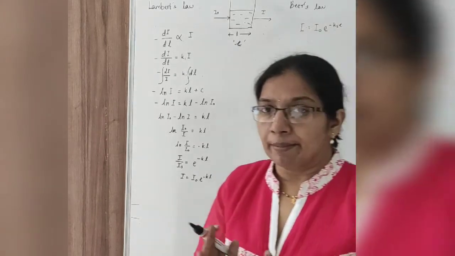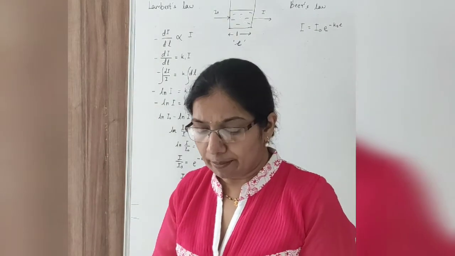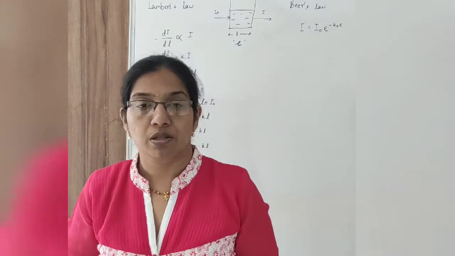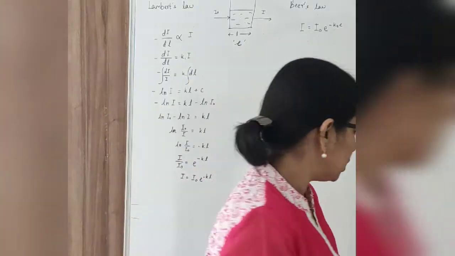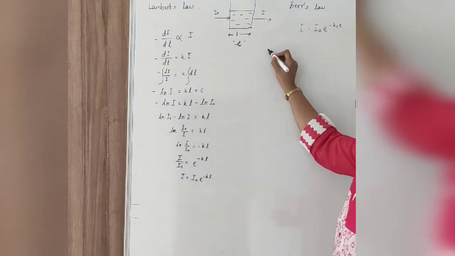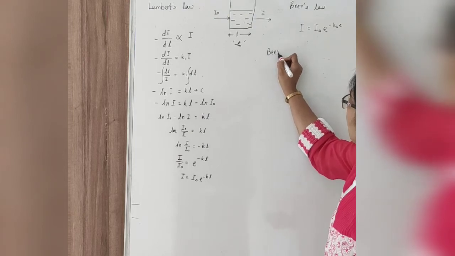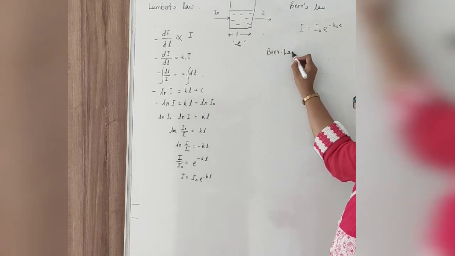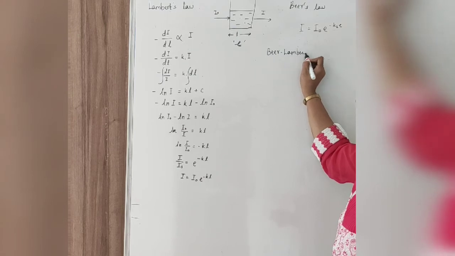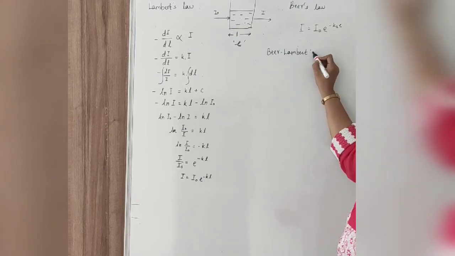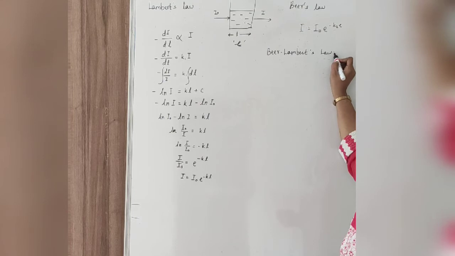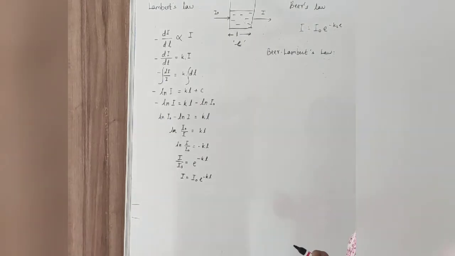Beer's and Lambert's laws are both very important in the case of absorbing solutions, and the combined law is called Beer-Lambert's law, which takes into account the path length of the solution as well as the concentration of the absorbing solution.